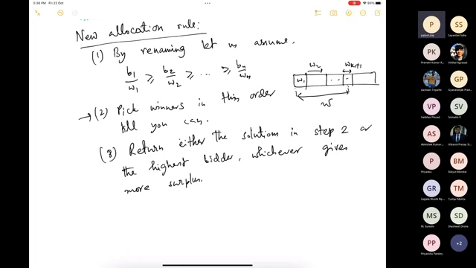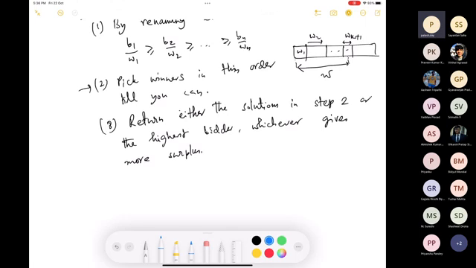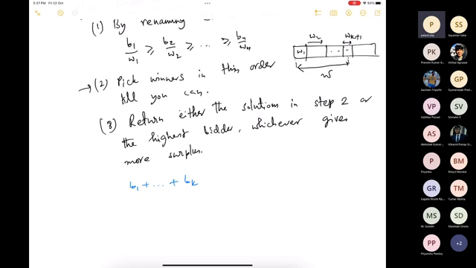Means what? Suppose, what is the surplus in the second step? So let me write here. If you pick the solution in the second step, then the surplus is B1 plus up to Bk, because you are picking items till the kth item. So either you pick this, you look whether this is more or max of Bi is more. Whichever is more, you output this.